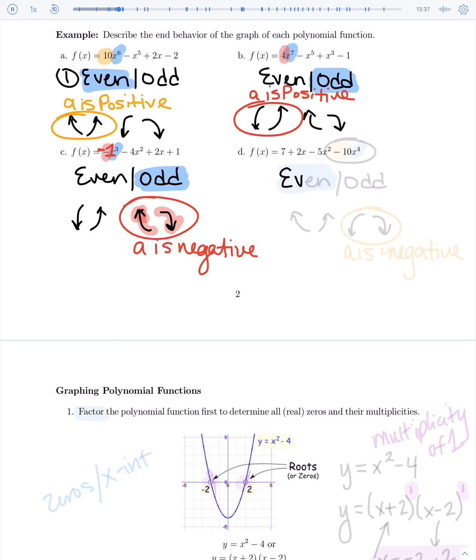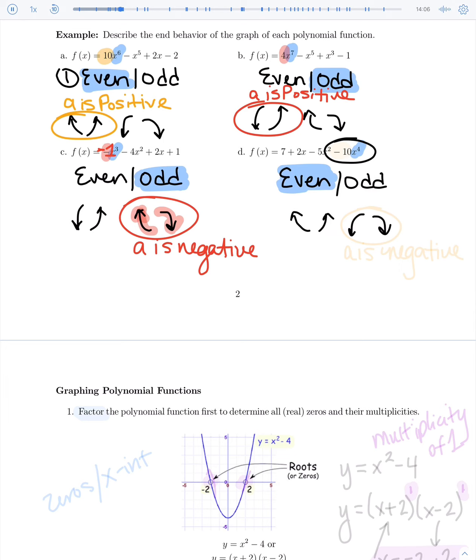In problem D, let's take a look again. We've got to deal with even versus odd. And on this one, notice it's out of order, so the highest exponent is actually on the end. So we're going to be looking at this -10x to the 4th. If we look at its exponent, it's x to the 4th, which is even, which means that the ends are going to be both pointing up or both pointing down.